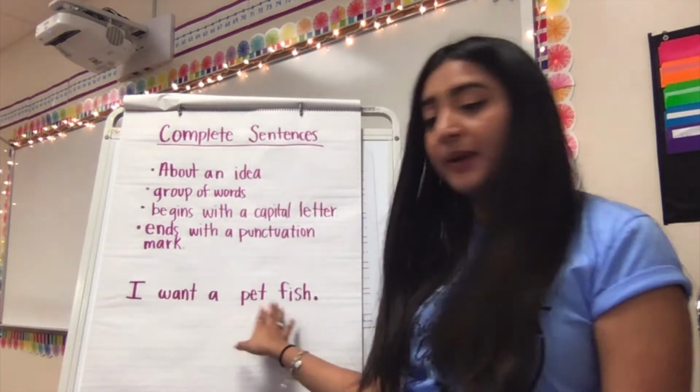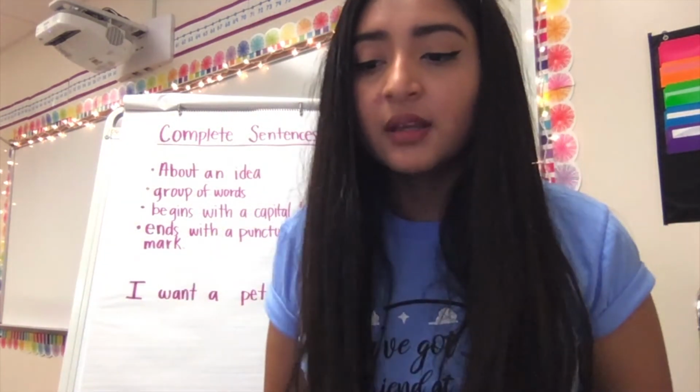So when we write a sentence, we write to share an idea. An idea cannot be a word like just pet, or a group of words like pet fish, because that would not make sense. An idea has to be a group of words like, I want a pet fish. See, now that makes sense.